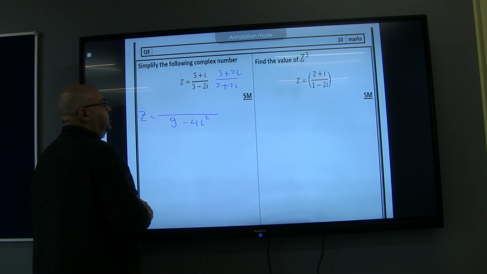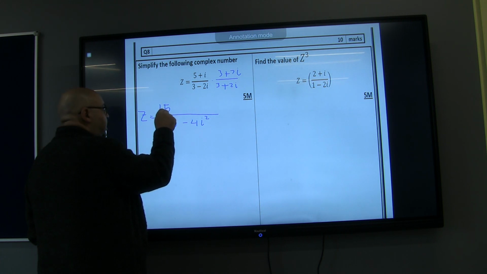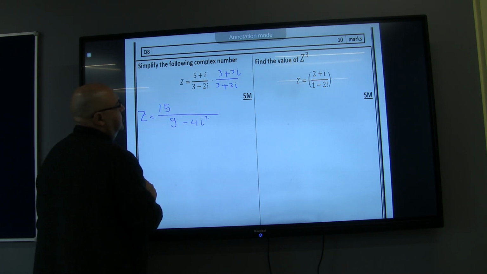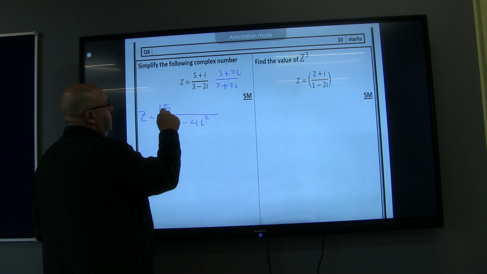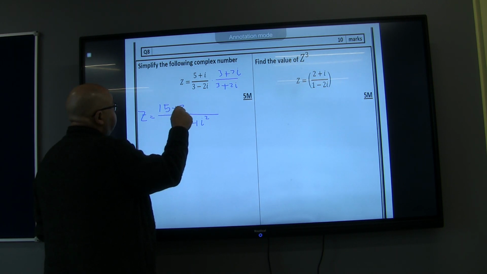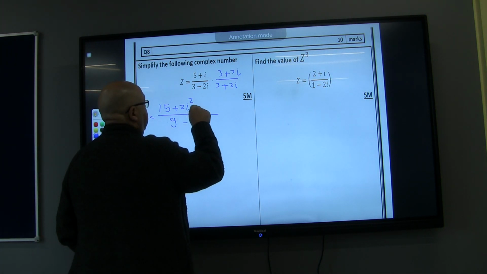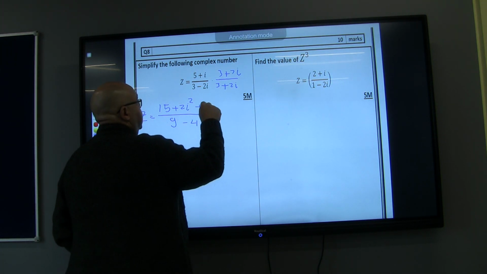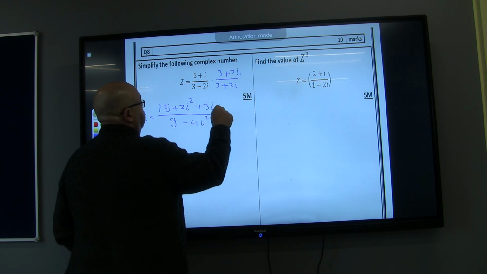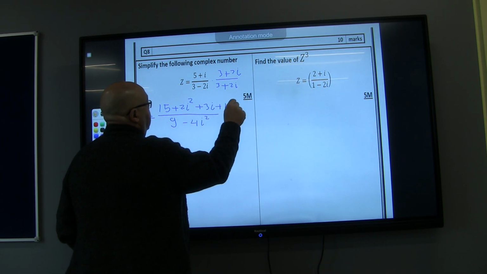Going to the denominator, you will have 5 times 3, which is going to be 15. Then i times 2i, which is going to be positive 2 i squared. This part will be real. And on the other hand, for the imaginary parts, you will have 3i plus 10i.